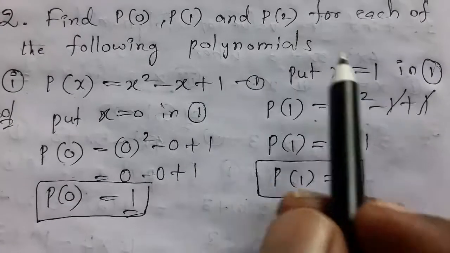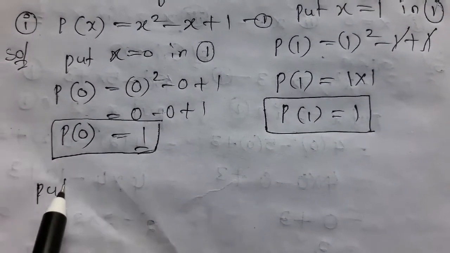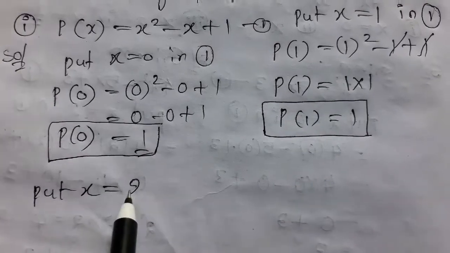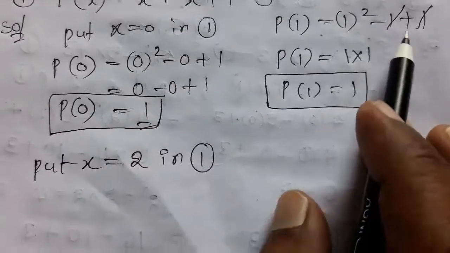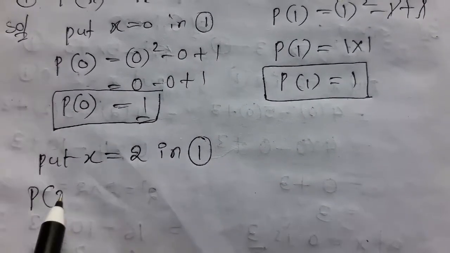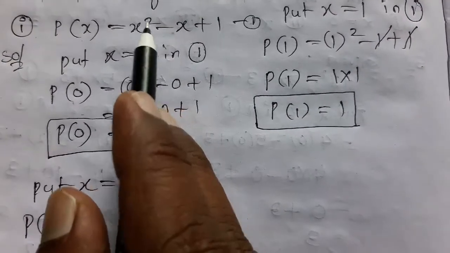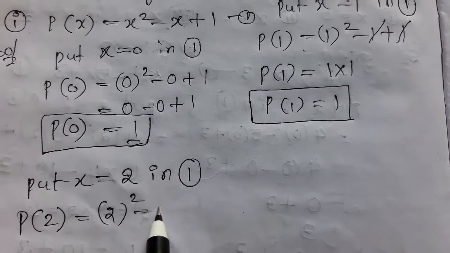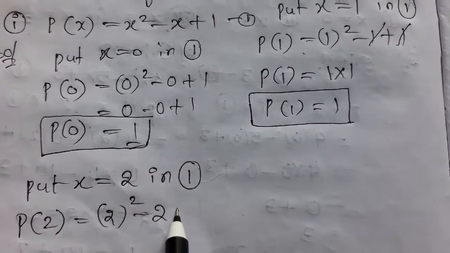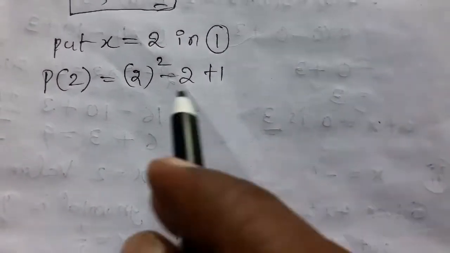Next, P of 2. Put x equals to 2 in equation 1. Equation 1 is this one. That means P of 2 equals to 2 whole square minus 2 plus 1, isn't it?